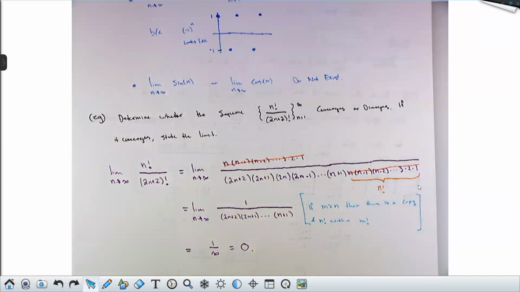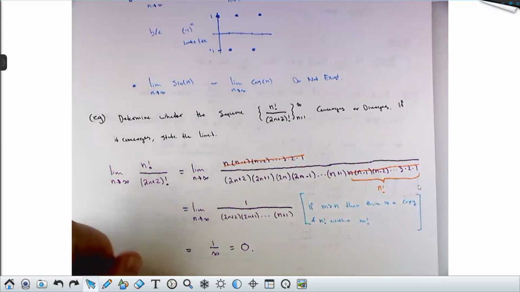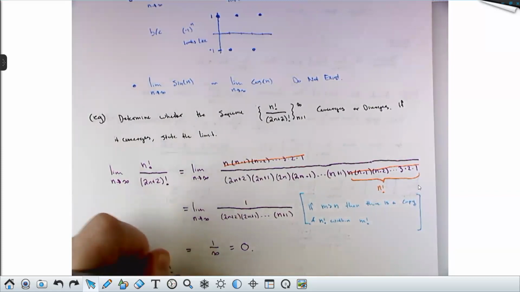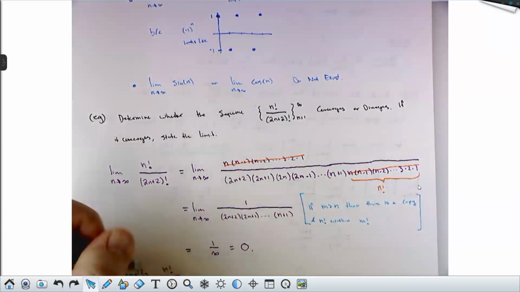Let me look at a slightly easier example, since I feel like I may have lost some of you here. Let's just simplify n factorial over n plus 4 factorial.